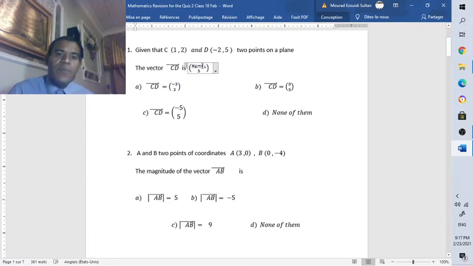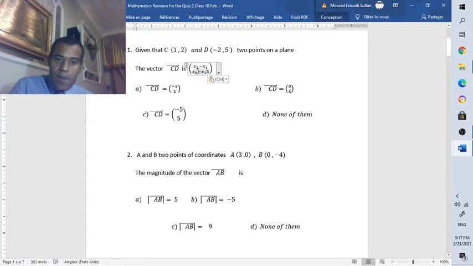Then I will copy this, put it here, and paste. Then what is written down will be y2 minus y1.